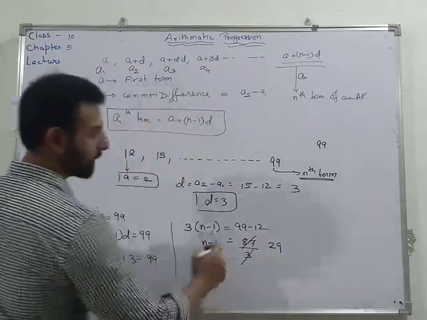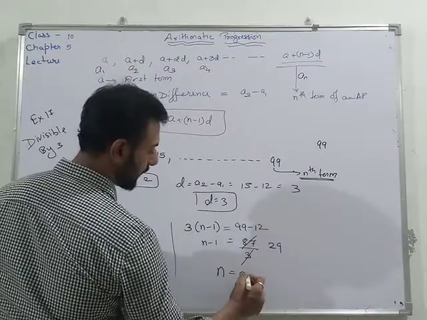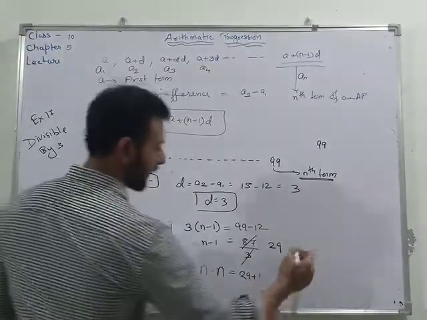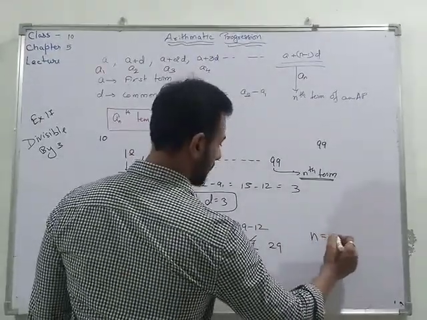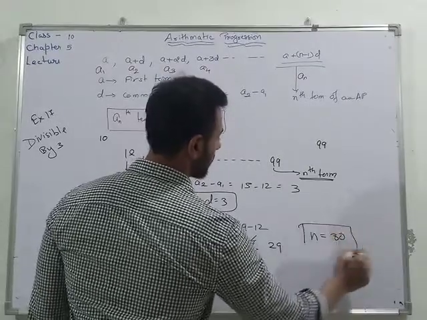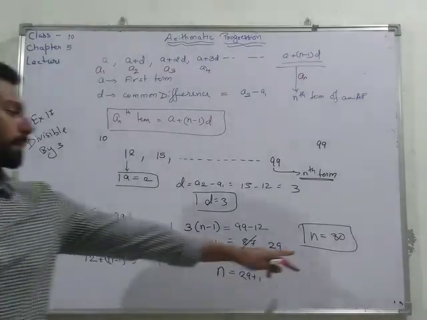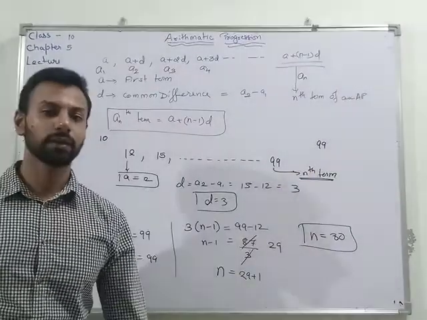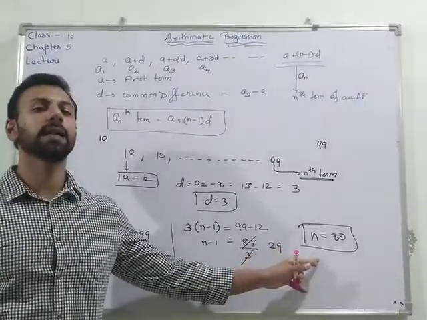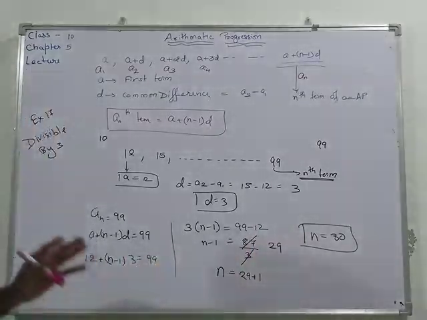Taking this minus 1 to the right hand side, it is 29 plus 1. So n is equal to 30. So the 30th term is 99. There are a total of 30 two-digit numbers which are divisible by 3.